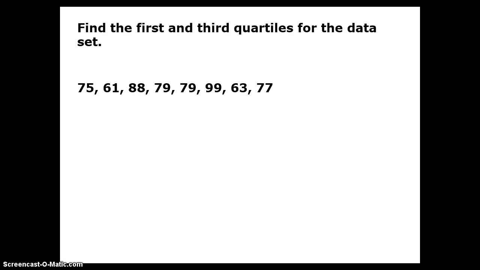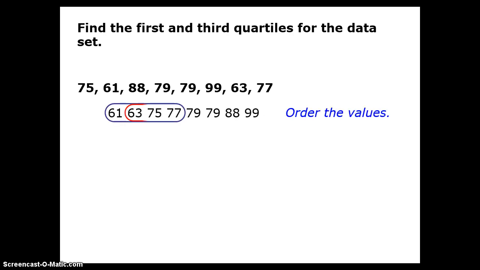Let's find the first and third quartiles for this data set. Before I can begin finding the quartiles, I must first order the values from least to greatest. If I look at the lower half of the data and find the median of that, in this case there are 2 middle numbers for the lower half.